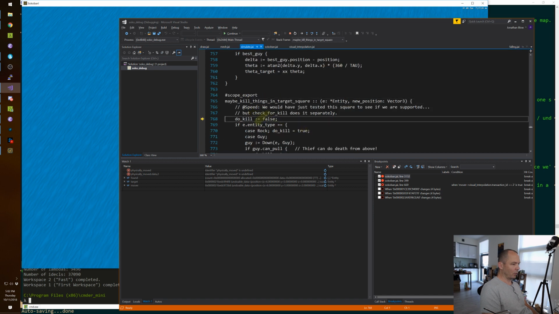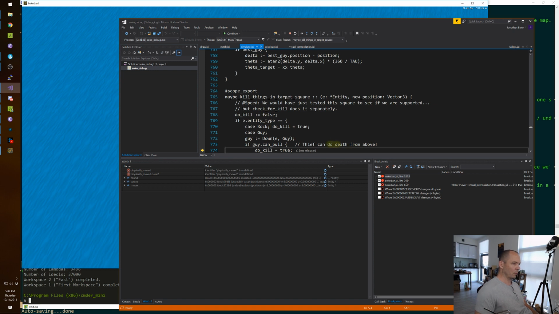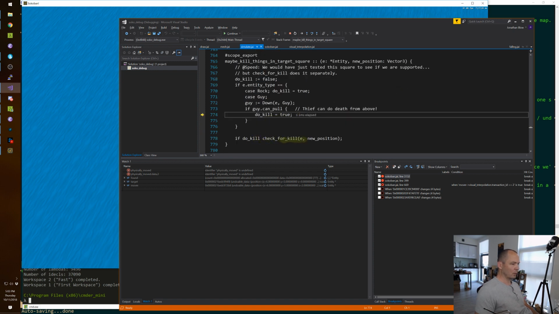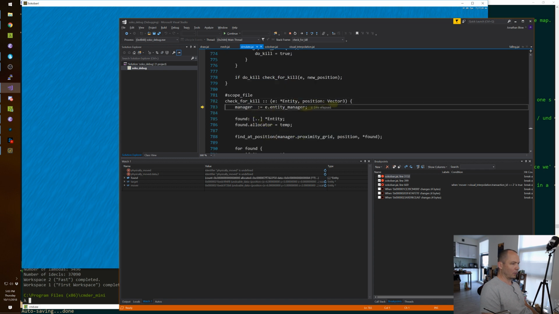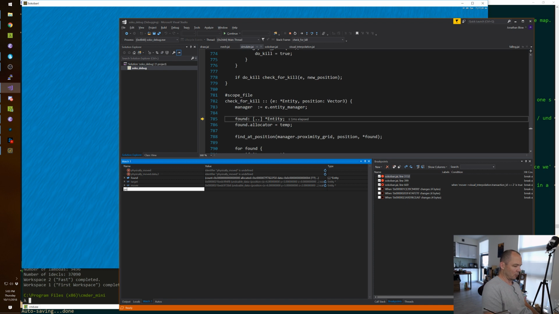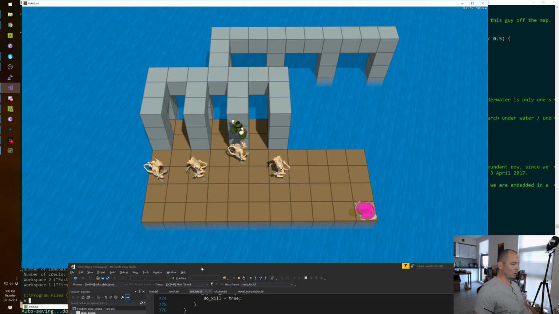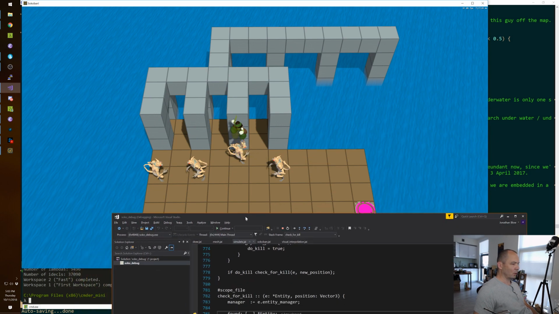Maybe kill things in target square. If we're a guy and we can pull, we're going to check for things to kill in. Oh, we're in the wrong. Oh, no, that's right. Z equals 1. Oh, wait, no, what?